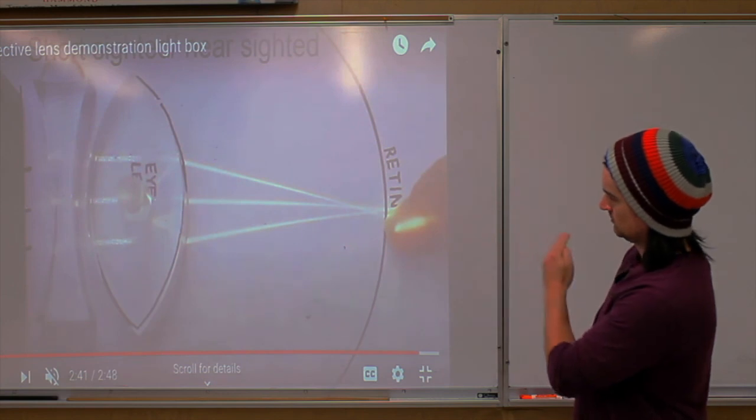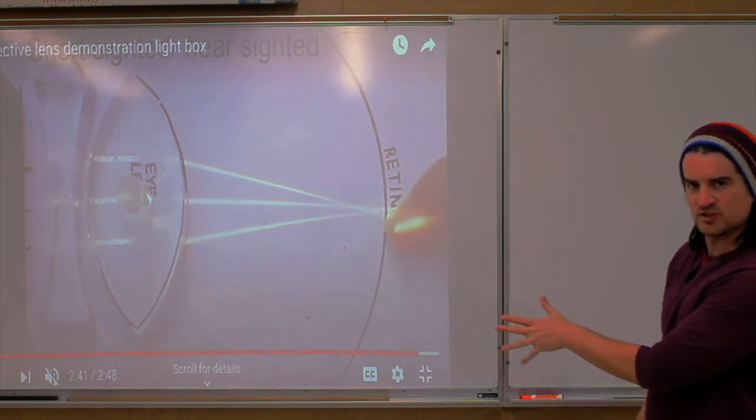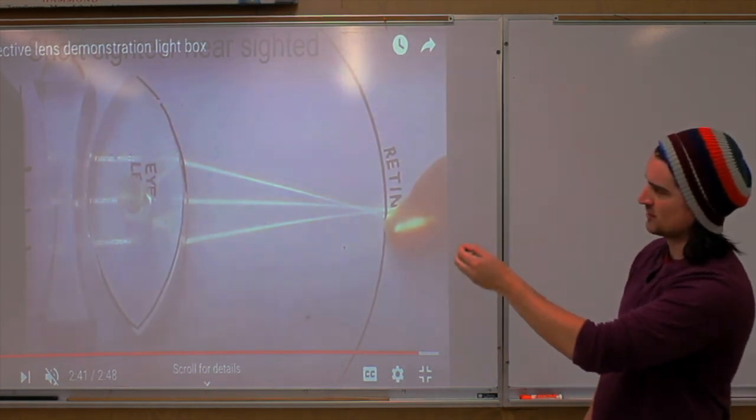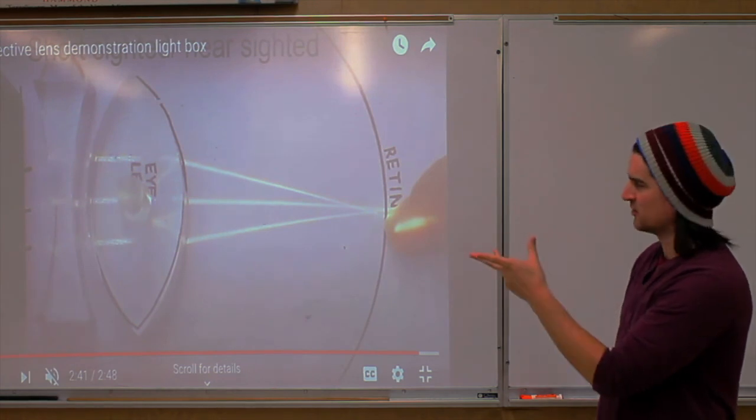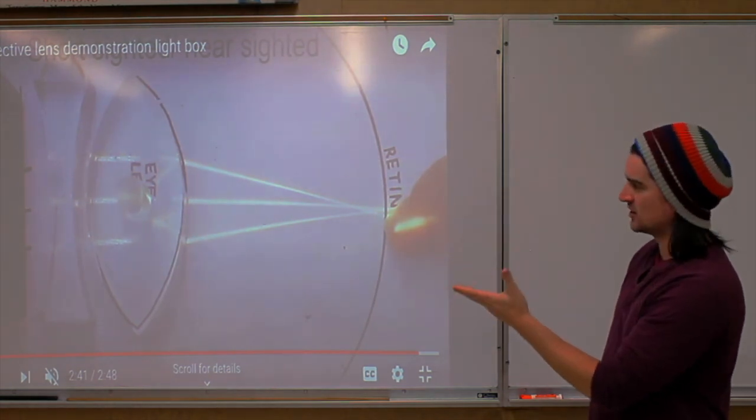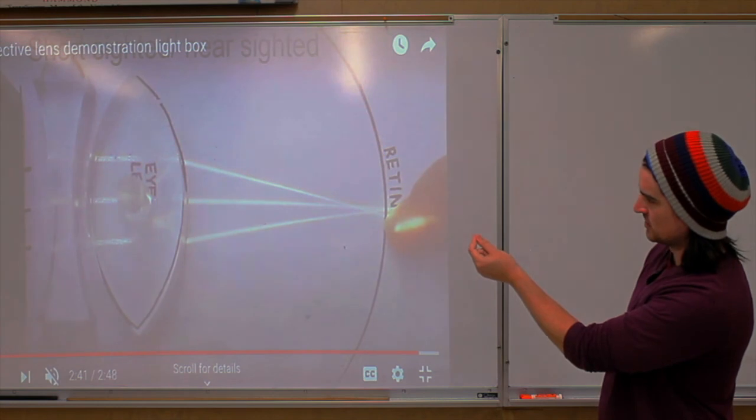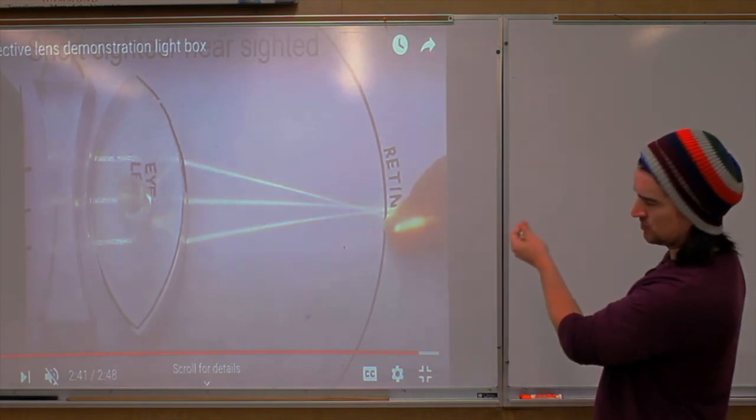It's still not necessarily perfect in this picture. You didn't do a perfect job of setting that diverging lens, but you get the idea. Before, the light was focusing almost in the middle, and now we're getting much closer to focusing right on the retina.